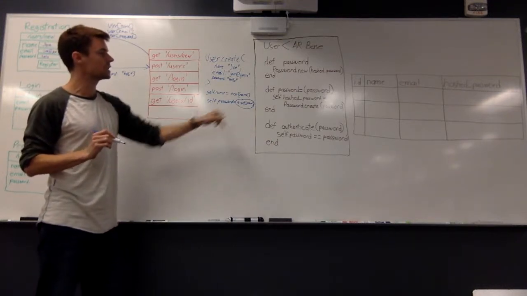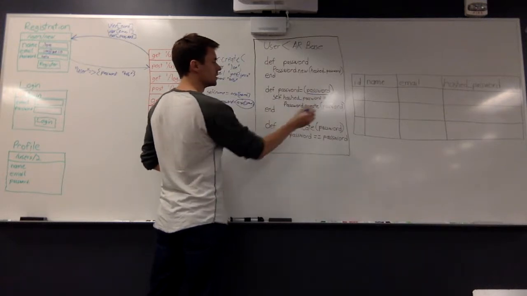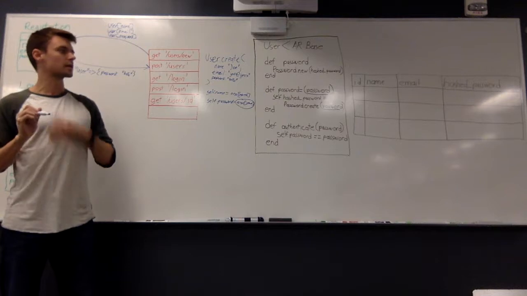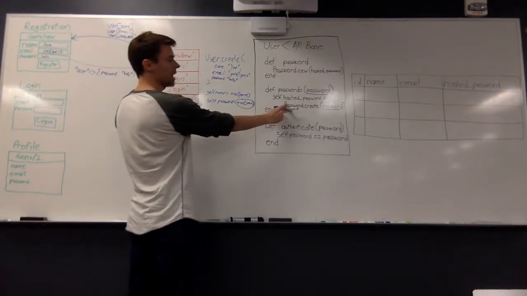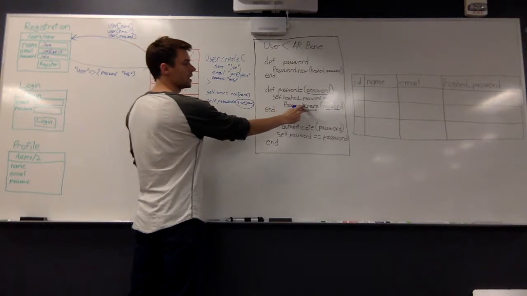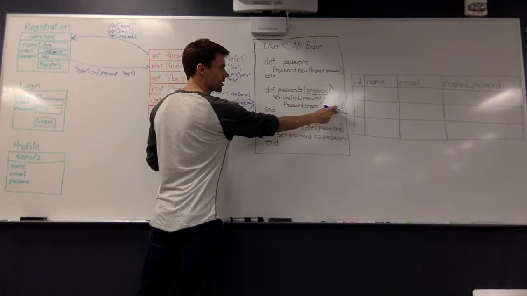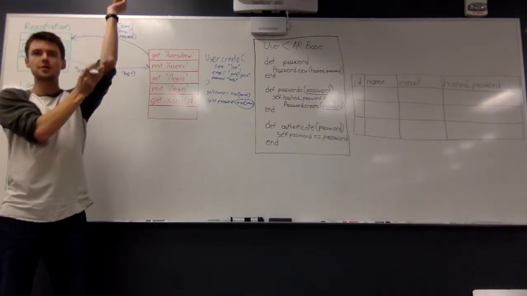When we say password equals, that gets passed here. So what is inside that variable right there? Hello. The word hello. And then this is a BCrypt password class, and it has a class method called create, and it takes in a string, and what does it do? Makes the hash.